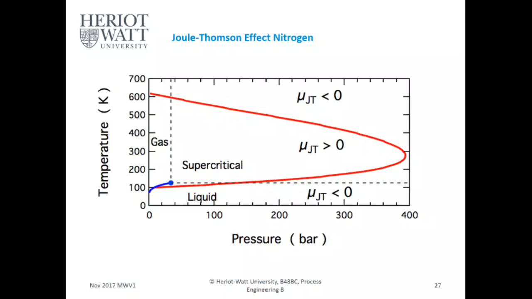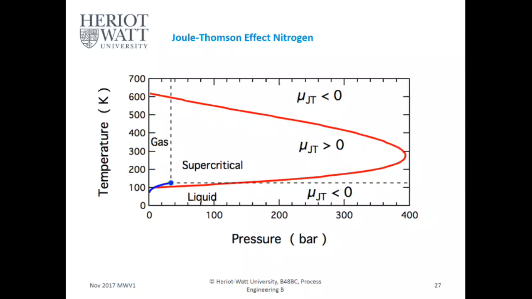At a pressure of 50 bar, you have a gas. At 50 bar and 100 degrees Kelvin, you have a liquid. And as soon as you go over 100 degrees Kelvin, you go into the supercritical region.